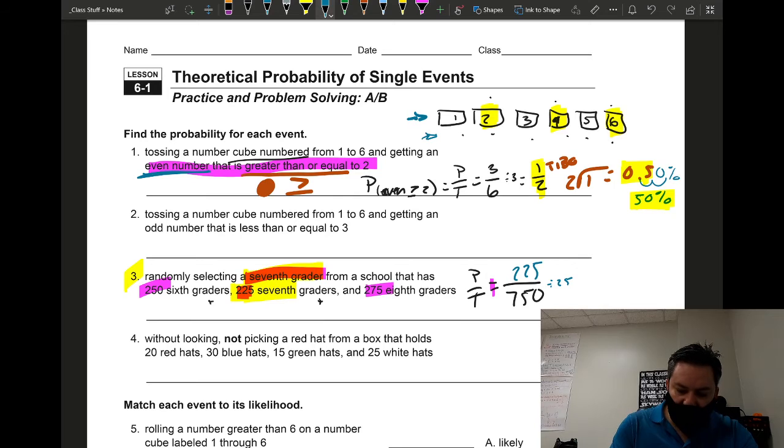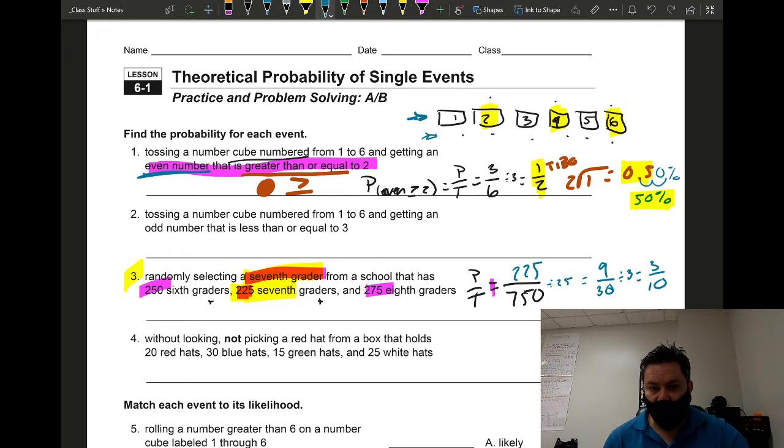So if I divide both of them by 25, I get 225 divided by 25, 9 on top. And on the bottom, I get 750 divided by 25, I get 30. Now, can I simplify that fraction anymore? Yes, I can. If I divide both of them by 3, I get 3 over 10, 3 tenths. And that's my final form of a fraction, 3 tenths.